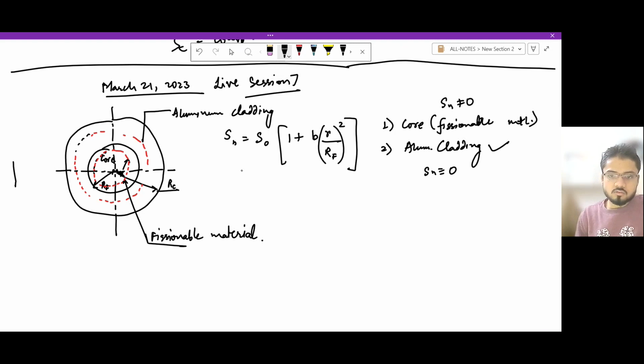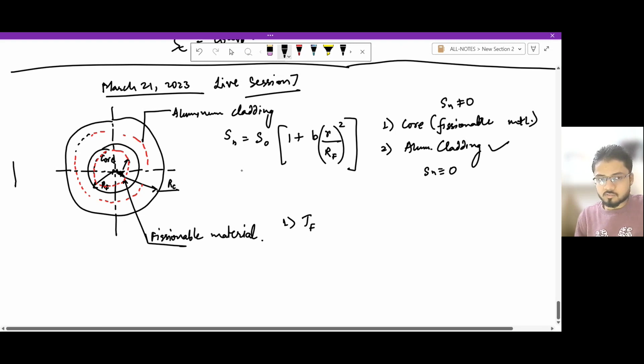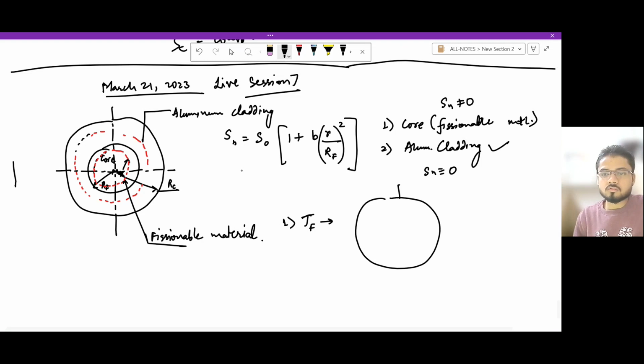The first thing that we start with is TF, the temperature distribution within the fissionable material. For calculating this TF, let's say this is the core with a radius RF.